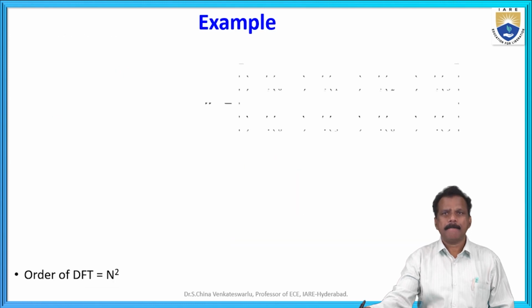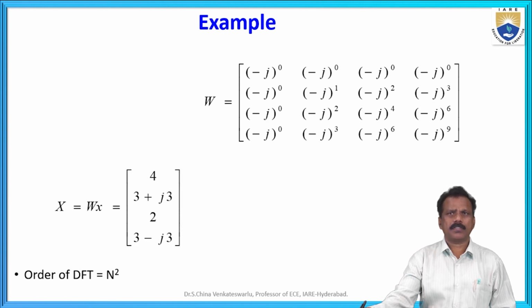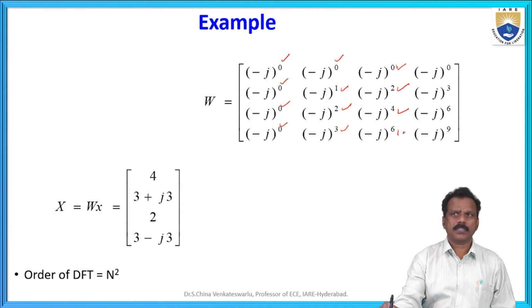In this example, the weighting function w has entries j power 0, minus j power 0, and so on, with exponents 0, 1, 2, 3, then 0, 2, 4, 6, then 0, 3, 6, and 9.